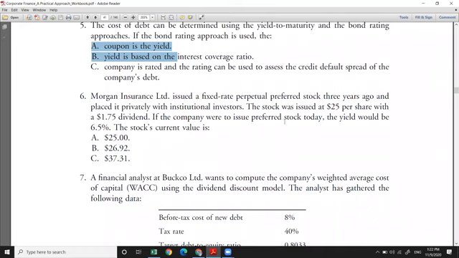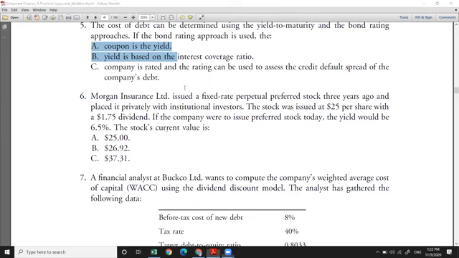If the company were to issue the preferred stock today, the yield would be 6.5%. So in order to find the price of the preferred stock, if it's a perpetuity, it is dividend divided by rate. The yield is given, which is 6.5%, and the dividend is 1.75.